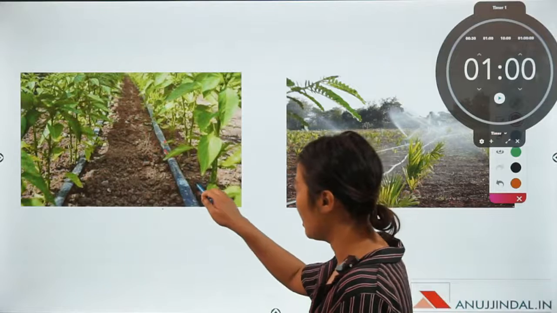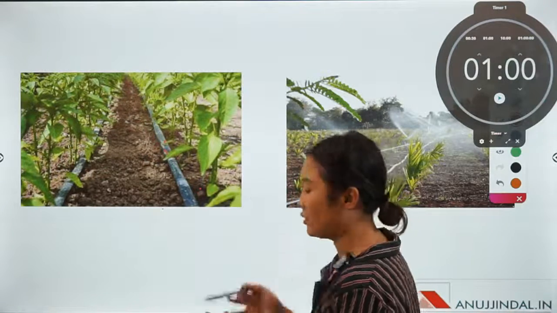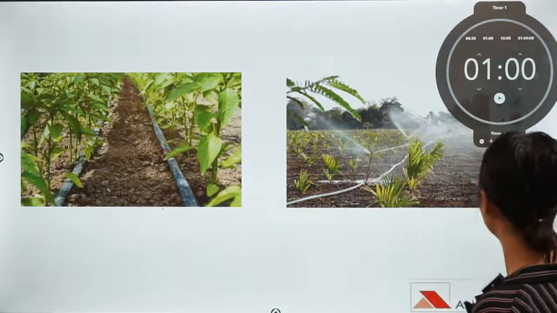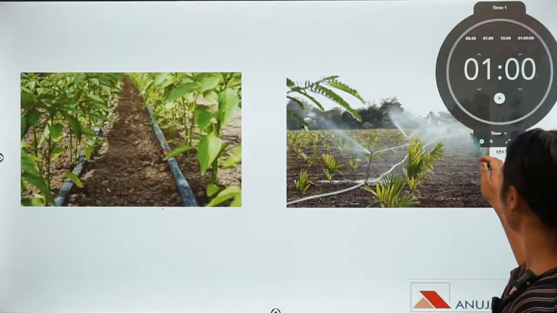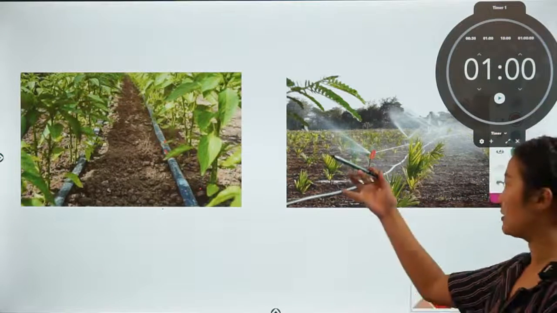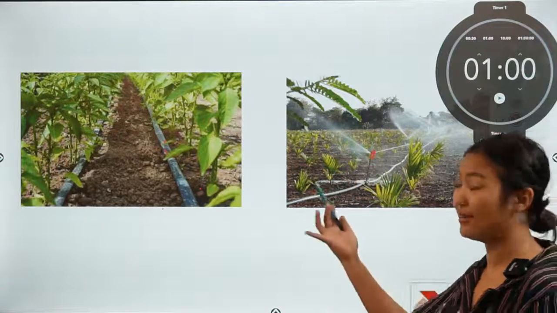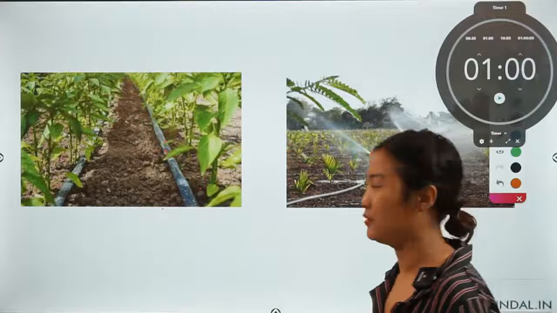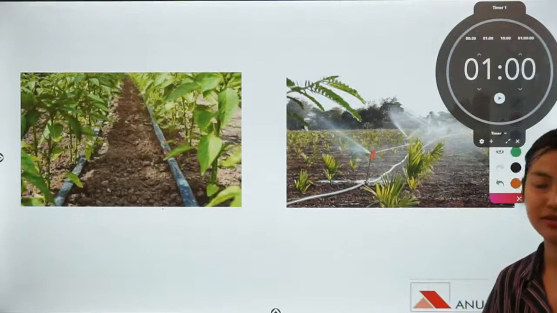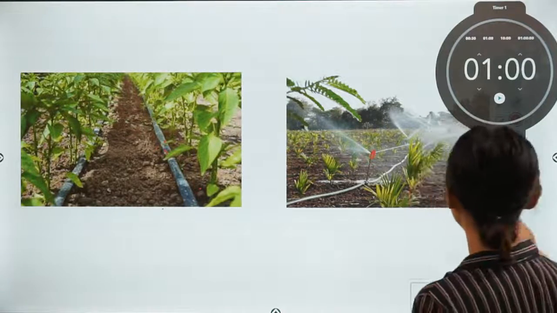In that way, point-to-point drops of water can be gathered around the root zone of the plants. In the other picture, sprinkler irrigation: this is the nozzle, the water is pumped under pressure and thrown out into the air, and it drops like rainfall. So it resembles rainfall. That's just a basic idea of sprinkler irrigation.